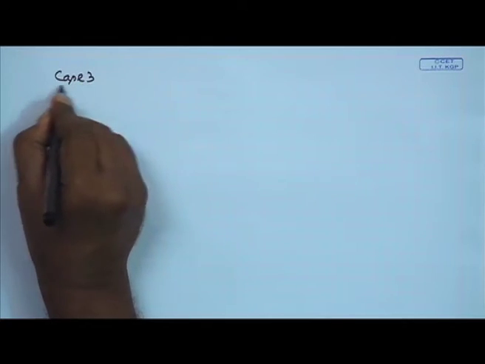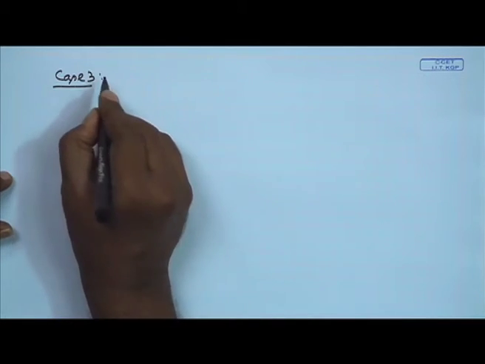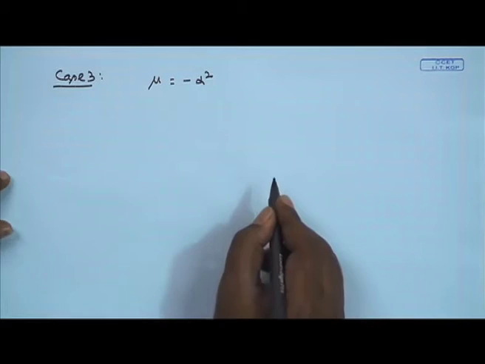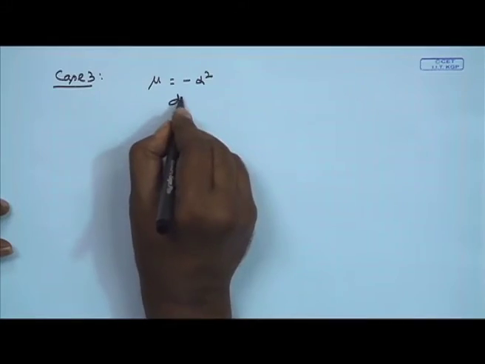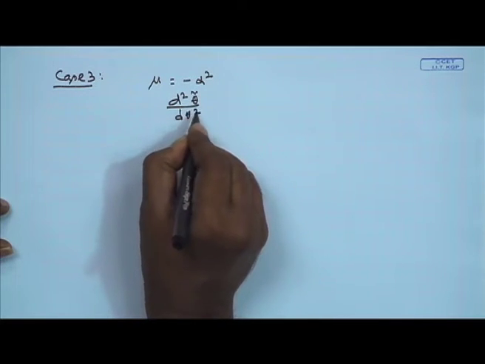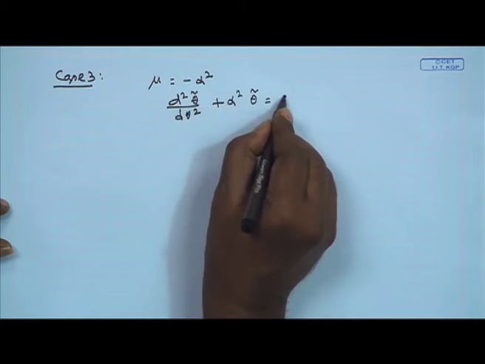So let us consider the case number 3. So if you look into the case number 3, μ is equal to minus α². So now we formulate the standard eigenvalue problem with negative constant. So if you bring it to the other side, d²θ̂/dθ² plus α²θ̂ will be equal to 0.